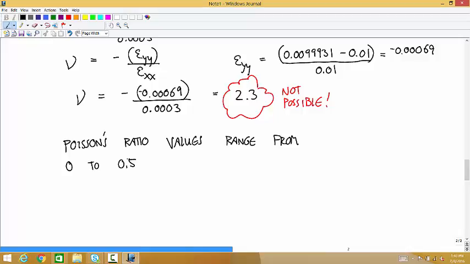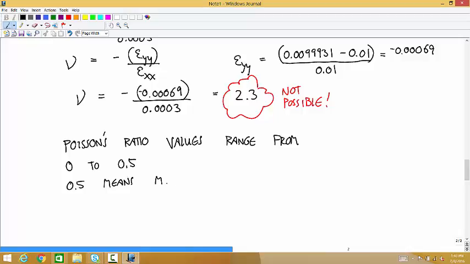A material that has a Poisson's ratio of 0.5 is a material that maintains the same volume through every deformation. So 0.5 means a material is called incompressible.